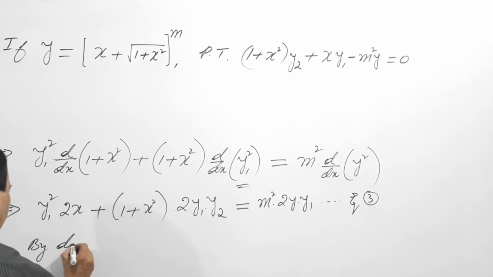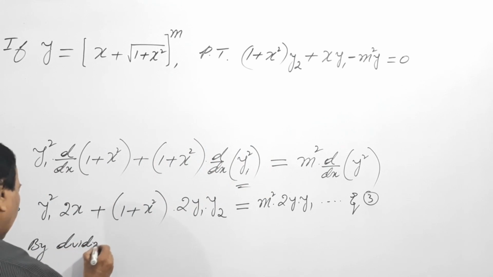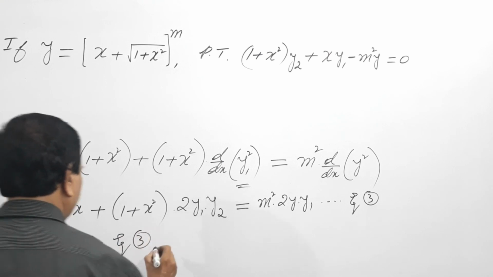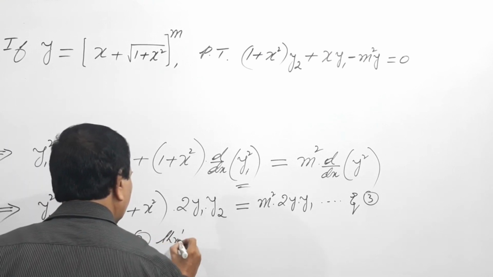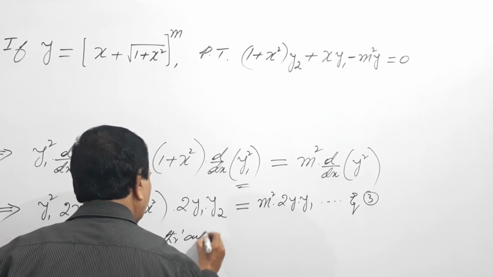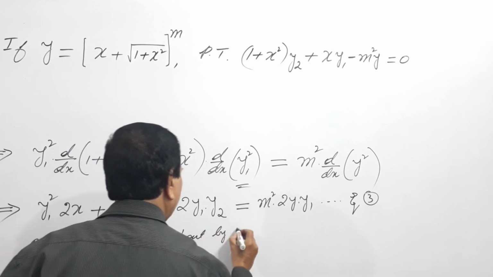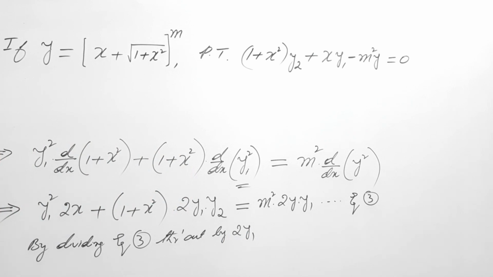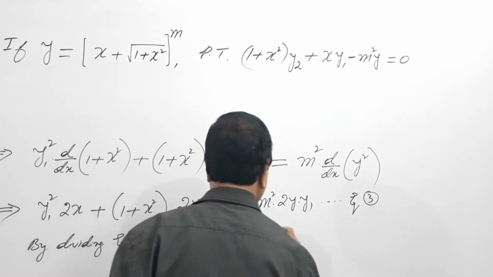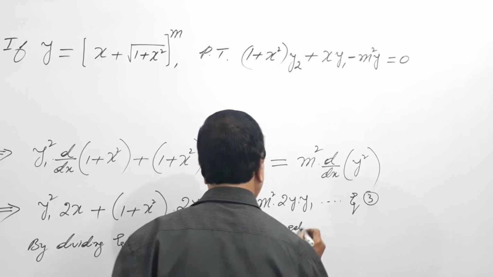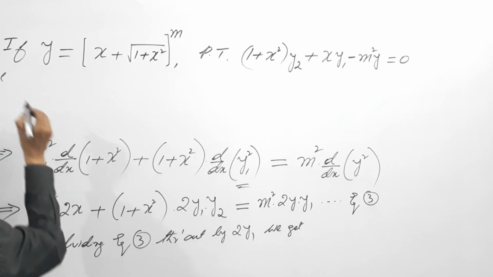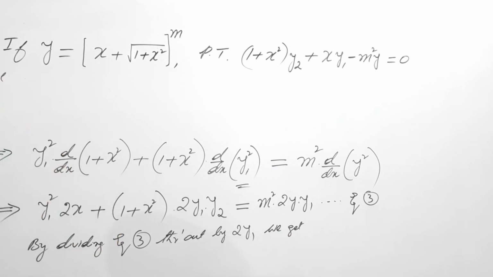By dividing equation 3 throughout by 2y1, what happens? We get what? I will write that for the sake of some students.